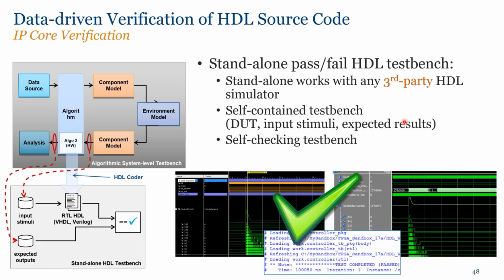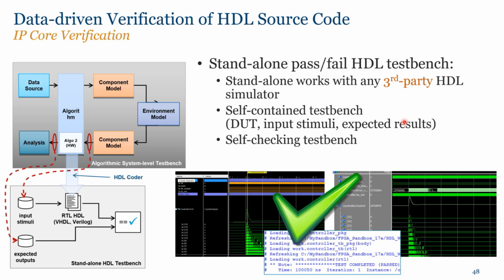The third way of verifying our HDL source code exists because a lot of our clients wanted to also validate their HDL source code outside of MathWorks tools and the MathWorks environment. So what we can also provide is creating an HDL test bench this time.